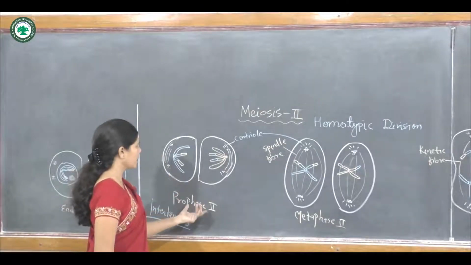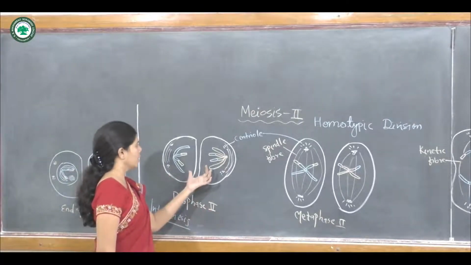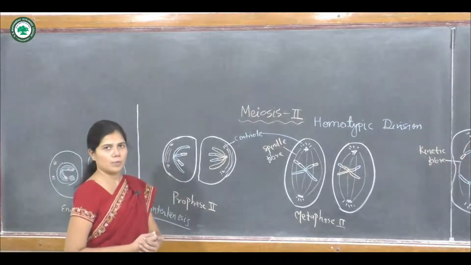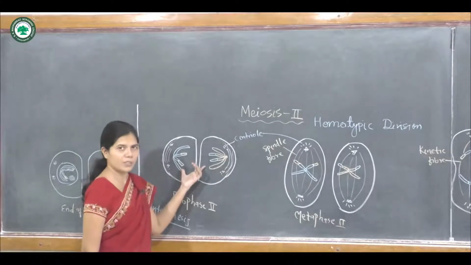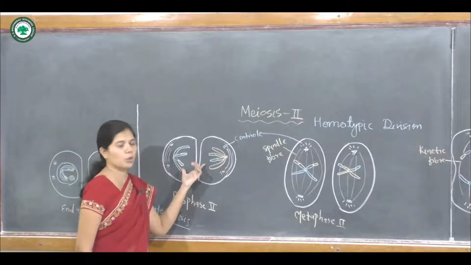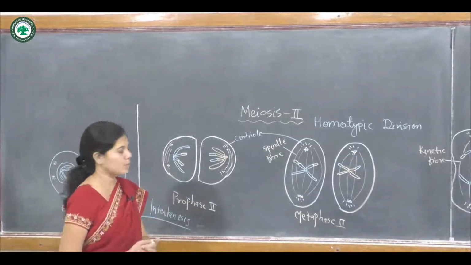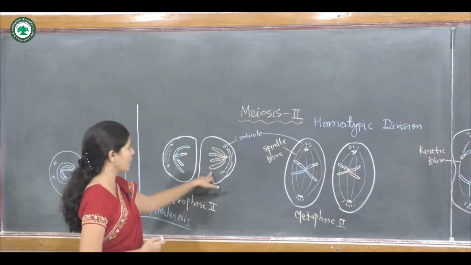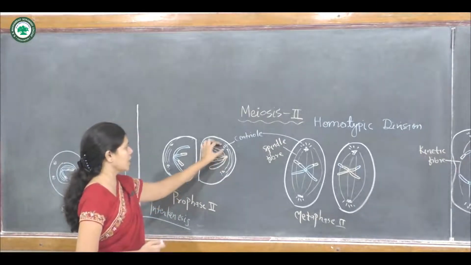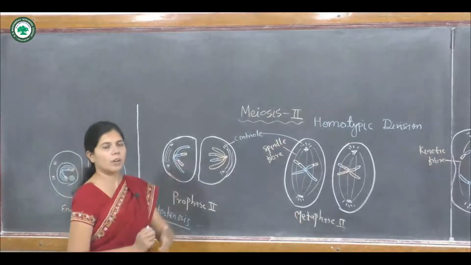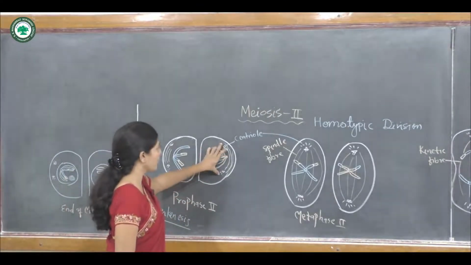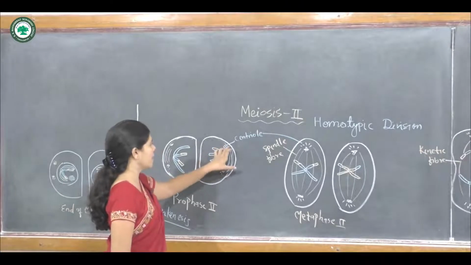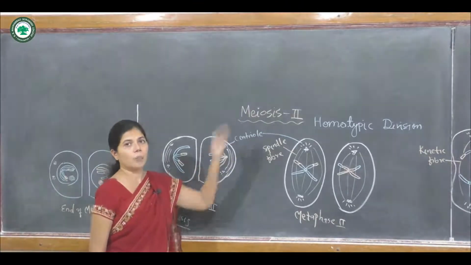In prophase II, the daughter chromosomes are present, that is, the chromosomes with exchanged segments. The chromatids are distinct, and the centrioles move away from each other and are arranged at the pole region.